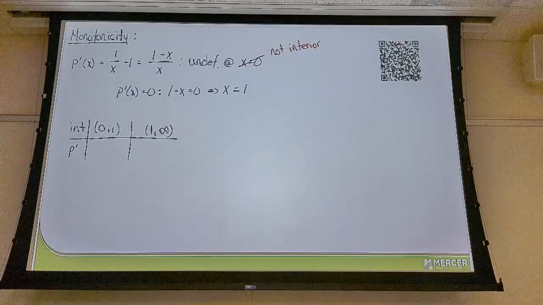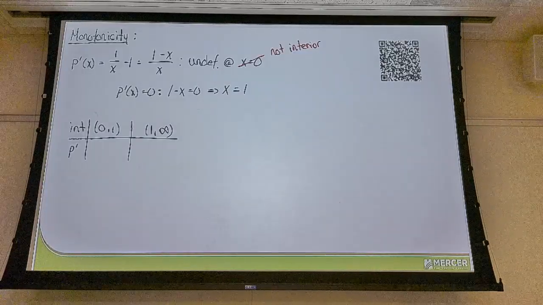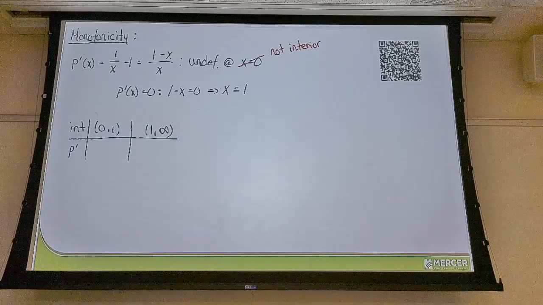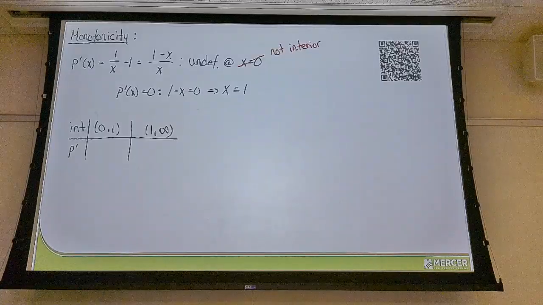You have to pick a number between 0 and 1. That may use your fractions. Half. Now, it's positive, right? I'm going to plug it in here. 1 over half is 2, minus 1 is positive.